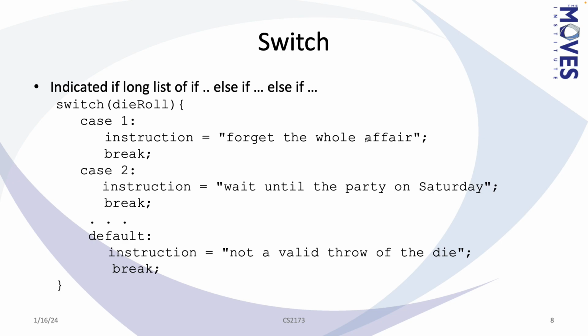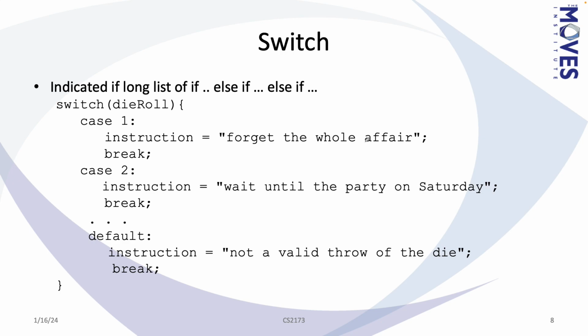Now, what happened back in the Jurassic age of computer programming is they had this string of if-else, and so they came up with the idea of, well, instead of doing that, let's lay it out in a way which is more conducive to expressing what the intent is.